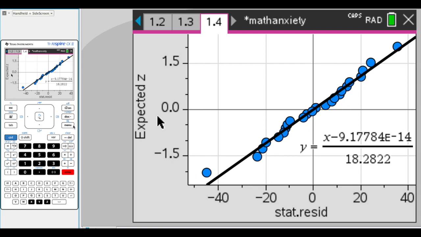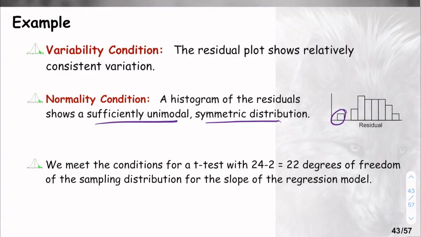Both of these give us a view of whether our residual data is roughly symmetric and unimodal, or whether it fits our normal probability plot like a line. So this is good now. We meet the conditions for a t-test with t sub n minus 2 degrees of freedom. There are 24 different students in this, so 24 minus 2 is 22 degrees of freedom of the sampling distribution for the slope of the regression model.